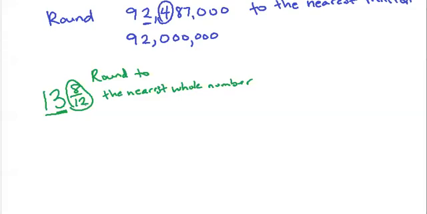So we could look at the 12 and say, well, half of 12 is 6. So 6/12 would be equal to 1/2. Is 8/12 bigger than 6/12 or less than? Well, it's bigger than 6/12. So it is more than a 1/2. So that would make this 13 go up to 14. So rounding to the nearest whole number is going to make it 14.